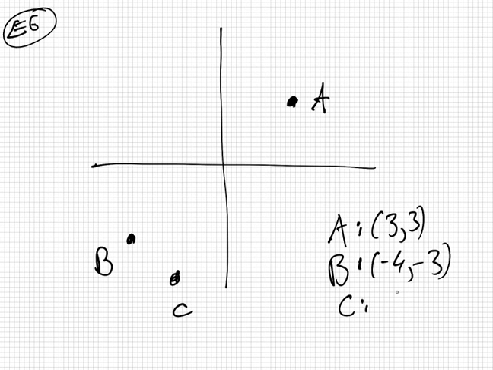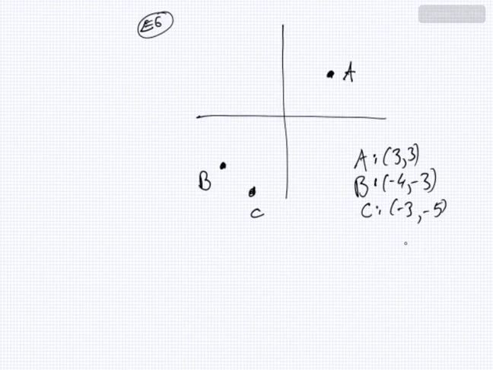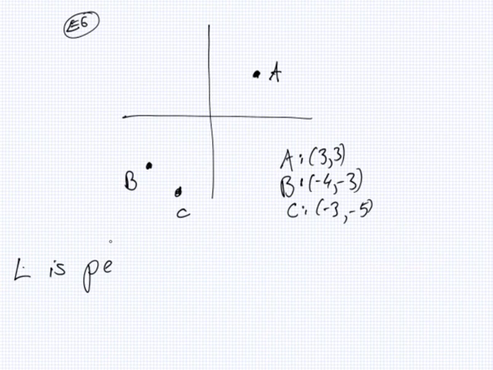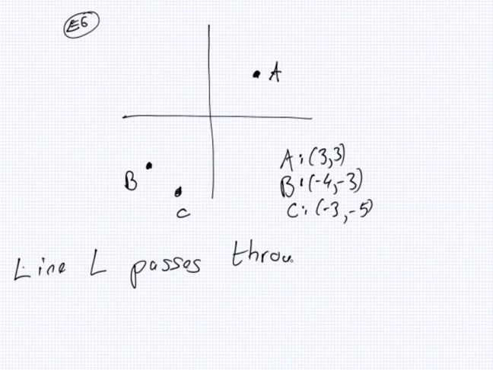Let's calculate. So, what is the M here first? Here, 6. Because of this. So what's the M here? Minus 1 over 6. So this is good. We have the M. So y equals minus 1 over 6x plus c. How can I find c?